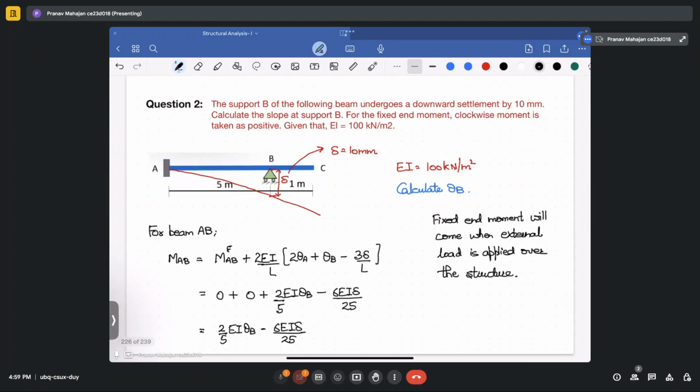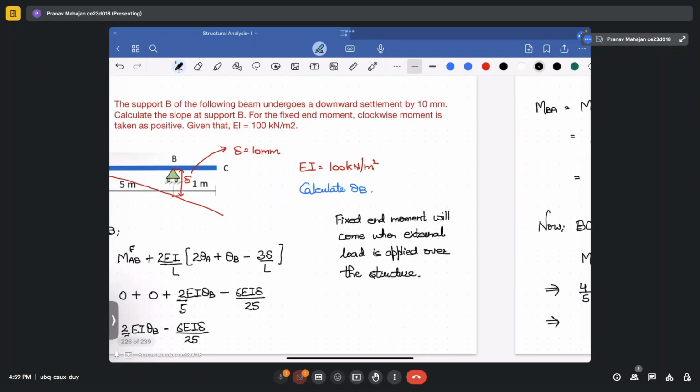Okay, so for the next question, we have utilized the concept of the slope deflection equation. When there is a settlement, the term 6 EI delta upon L square will be added, and we will solve that and determine the moments of the different spans, that is MAB, MBA, then MBC.